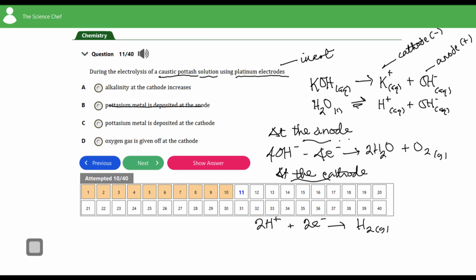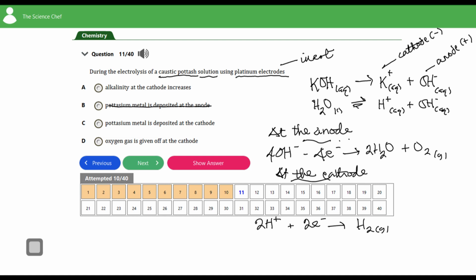Let's cross that. Then potassium metal is deposited at the cathode. Is it possible? Yes. There's a possibility of potassium ion being deposited at the cathode. But is that the case? Is that what happened? No. Hydrogen ion was discharged at the cathode because there was a competition between the hydrogen ions and potassium ions.